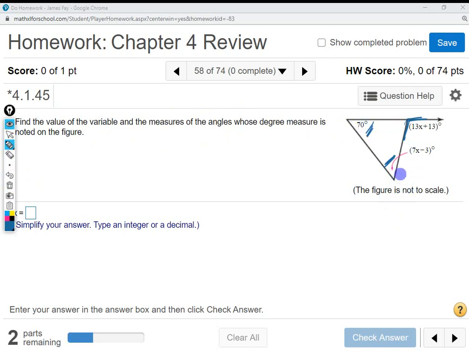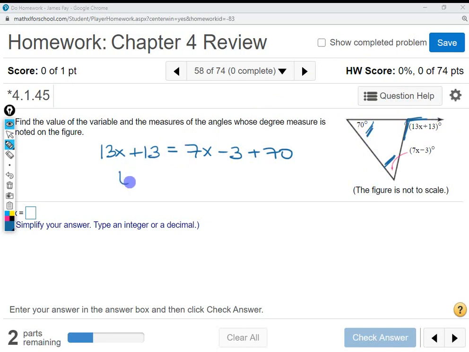And the ones that are far away, which we say remote. Okay, so I'm going to take 13x plus 13, and that is going to be the same, that's the exterior angle, that's going to be the same as the 7x minus 3 plus 70. Okay, you add the remote interior angles together, and that's going to produce then that same measurement for the exterior.